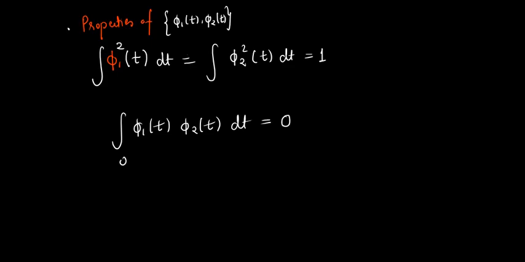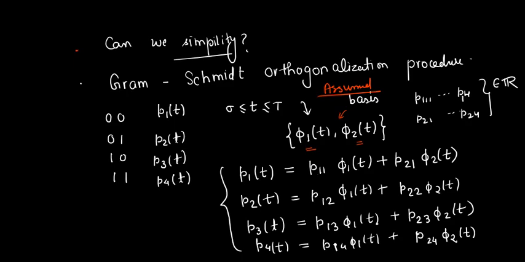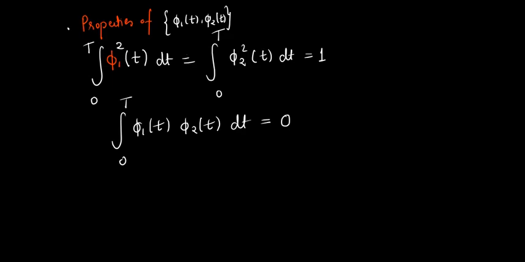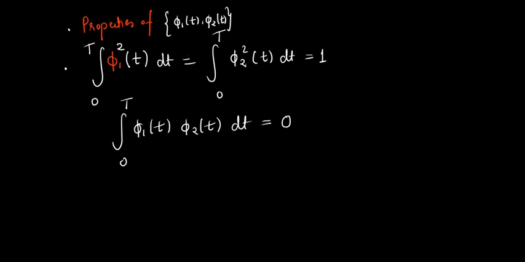What is capital T? Time duration of these waveforms. So, I assumed that P1t, P2t, P3t, P4t can be represented using orthonormal basis phi 1 t and phi 2 t. We call it orthonormal if these two satisfy these properties. Why this term orthonormal? Because they are orthogonal. This is the property of orthogonality.